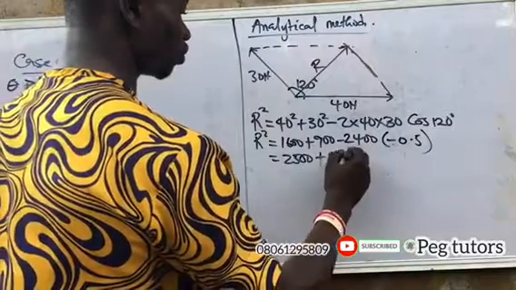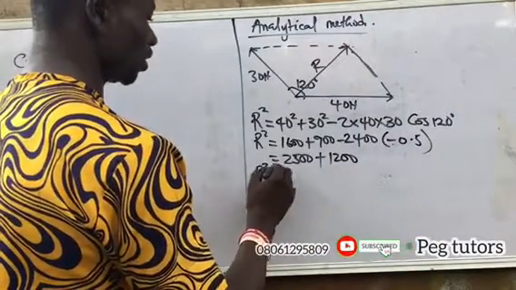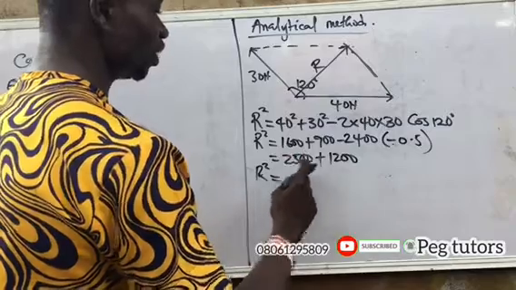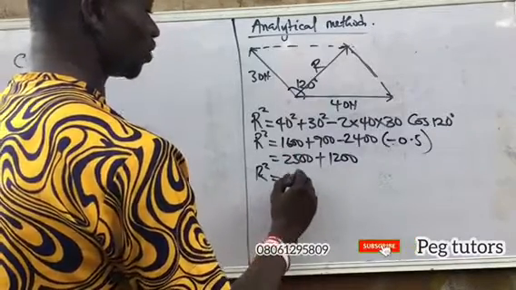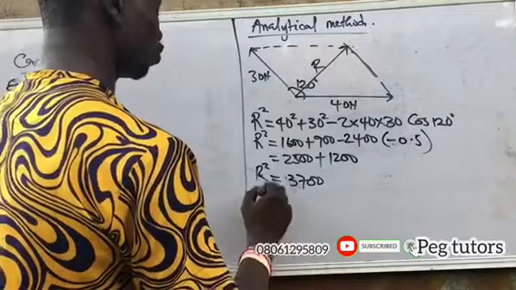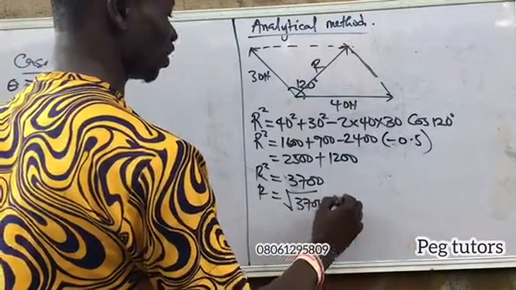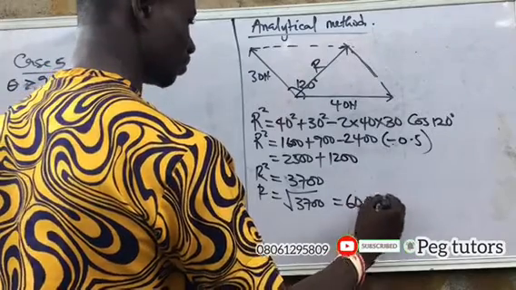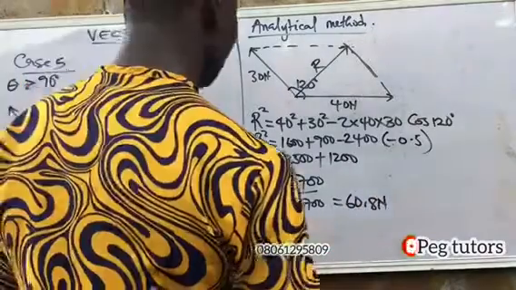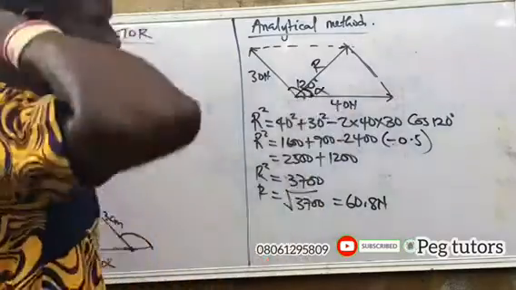So R squared is equal to 2,500 plus 1,200, which gives us 3,700. So R is equal to the square root of 3,700, which is 60.8 Newton.